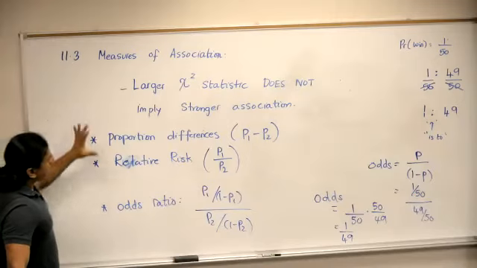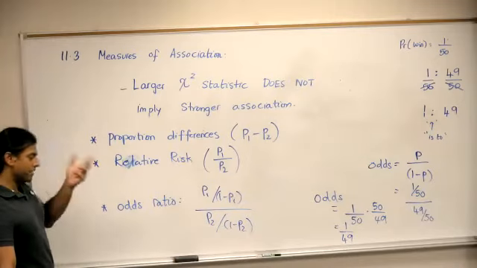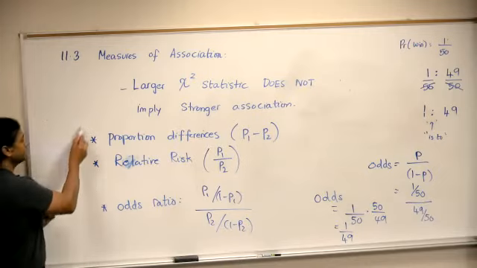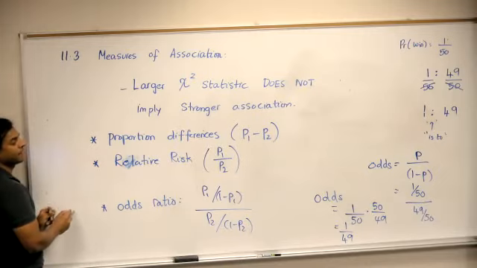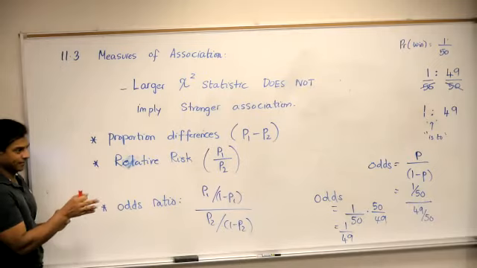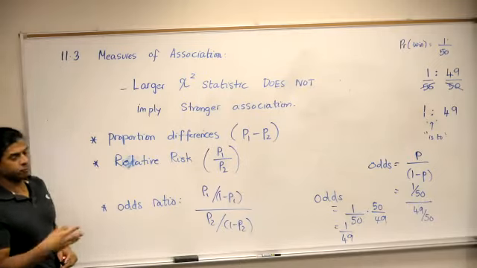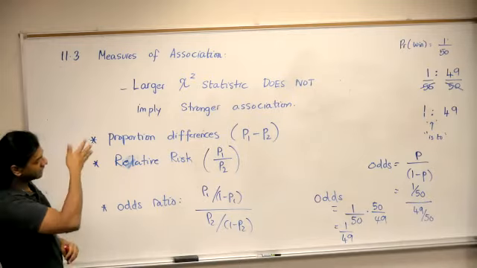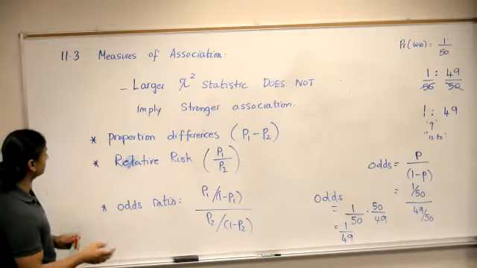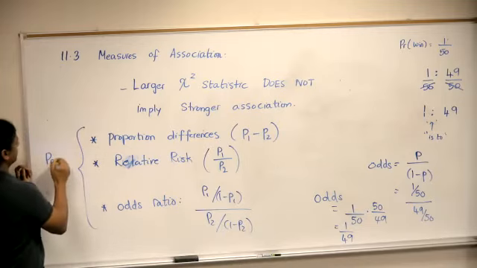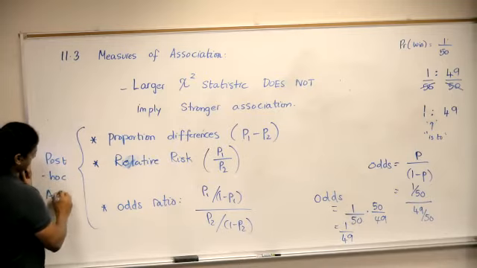So each of those will give us a measure of association, but do keep in mind, you will not come to this step if you do not reject the null. We only come here if we find an effect, if we find significance in rejecting the null. So this is what we call post hoc analysis, in the sense you perform a test.